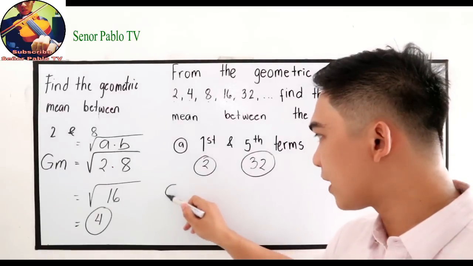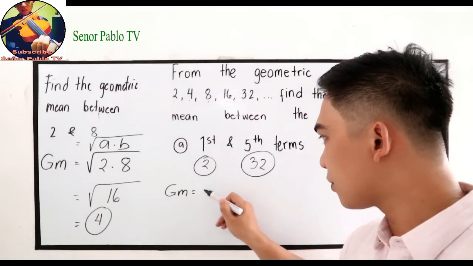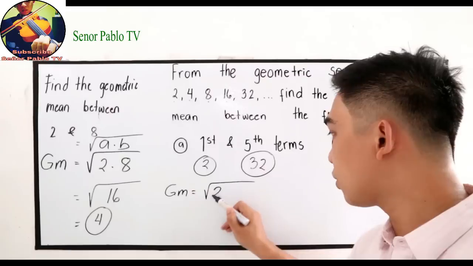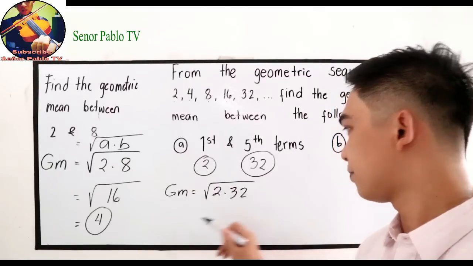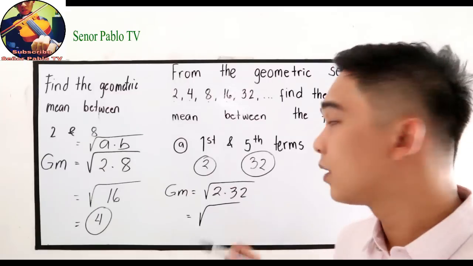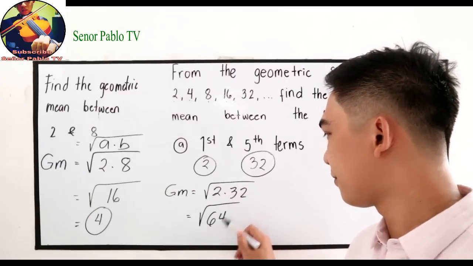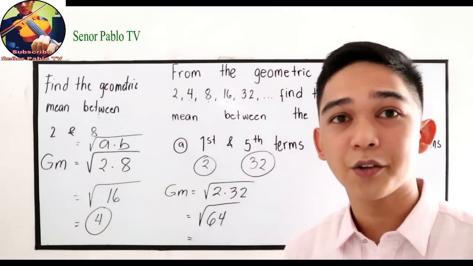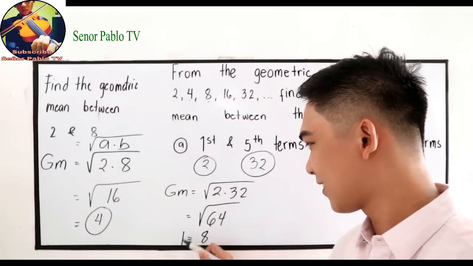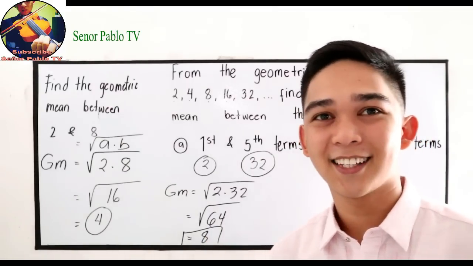So, geometric mean is equal to the square root of the two terms. Multiply 2 times 32. Square root of 2 times 32, 64. And square root of 64, that is 8. So, madali lang siya.